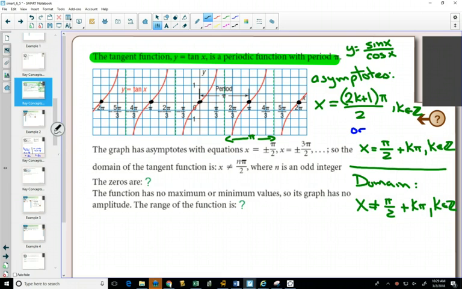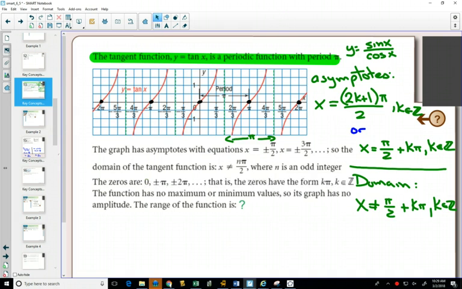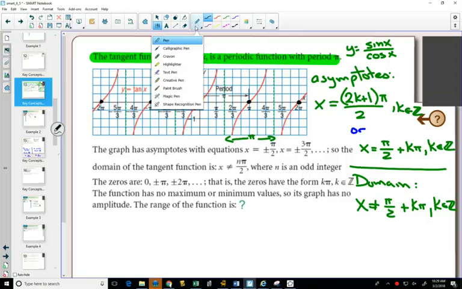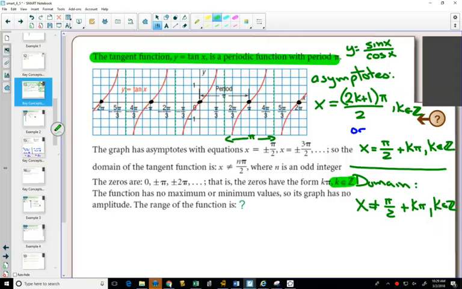Denominator can never equal 0, and the only time a fraction is equal to 0 is if your numerator is equal to 0. So the zeros of tangent are exactly the same as your zeros of sine. Function has no amplitude, it has no minimum or maximum value, and the range is everything.